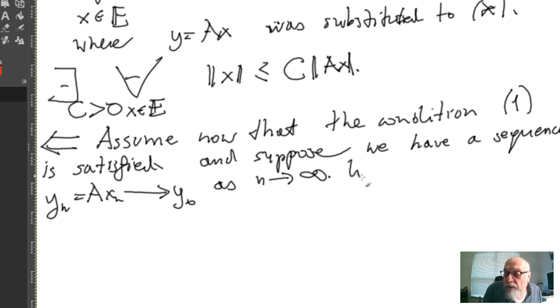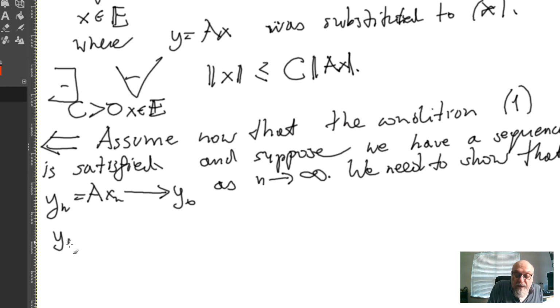We need to show that the image is closed, so that y_0 belongs to the image of A.